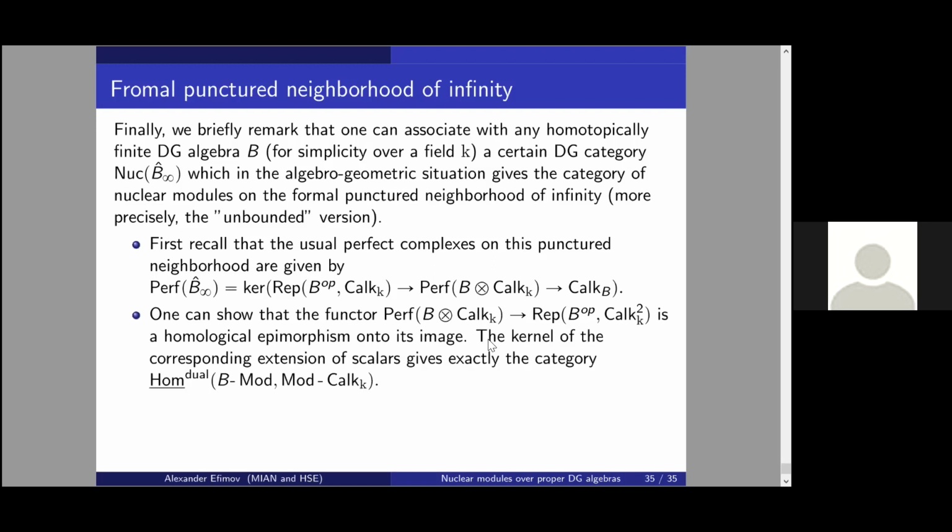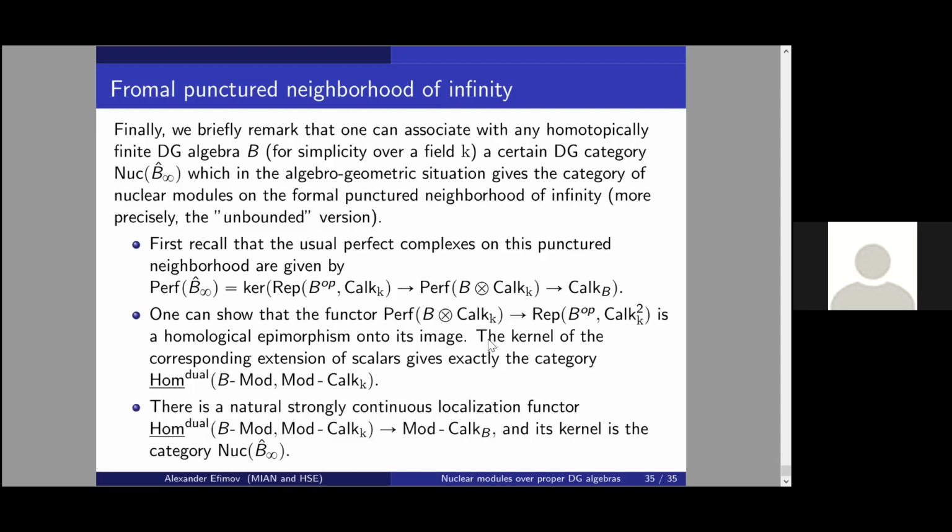And the kernel of the corresponding extension of scalars gives exactly the internal Hom in dualizable categories from left modules to modules of the Kalkin categories, which in particular exists. And then there is a natural strongly continuous localization from this internal Hom to modules of a Kalkin category over B. And this kernel is the category of nuclear models on this neighborhood of infinity.